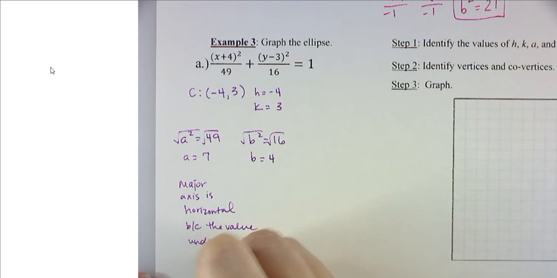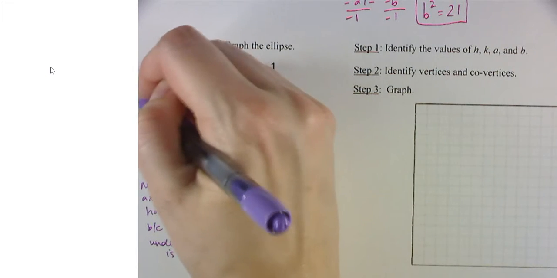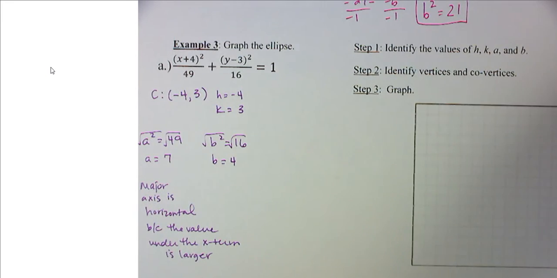Okay, and that's how we know that that value is going to be A. All right, now we can do step 2, which is identify your vertices and your co-vertices.